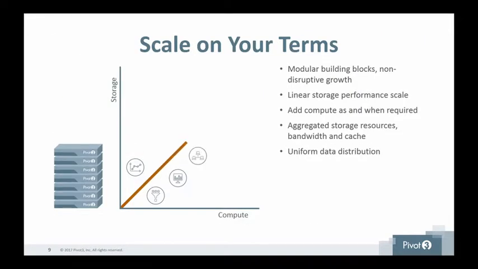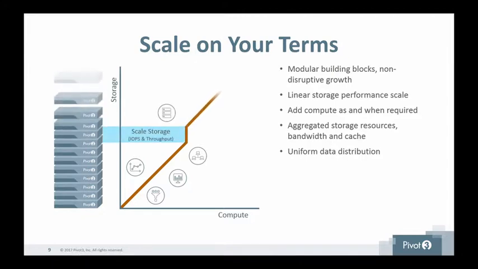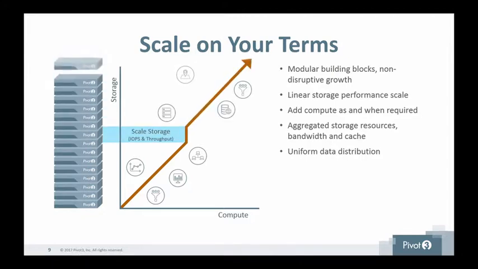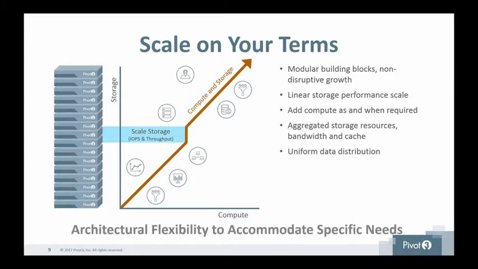Another thing that our platform does is the flexibility, and that's quite unique with Pivot3 as well. Most HCI platforms, you have to scale in a similar building block. You have compute and storage, and you have to scale compute and storage every single time you add a block. In our case, you can scale compute only, or storage only, as and when you need it.